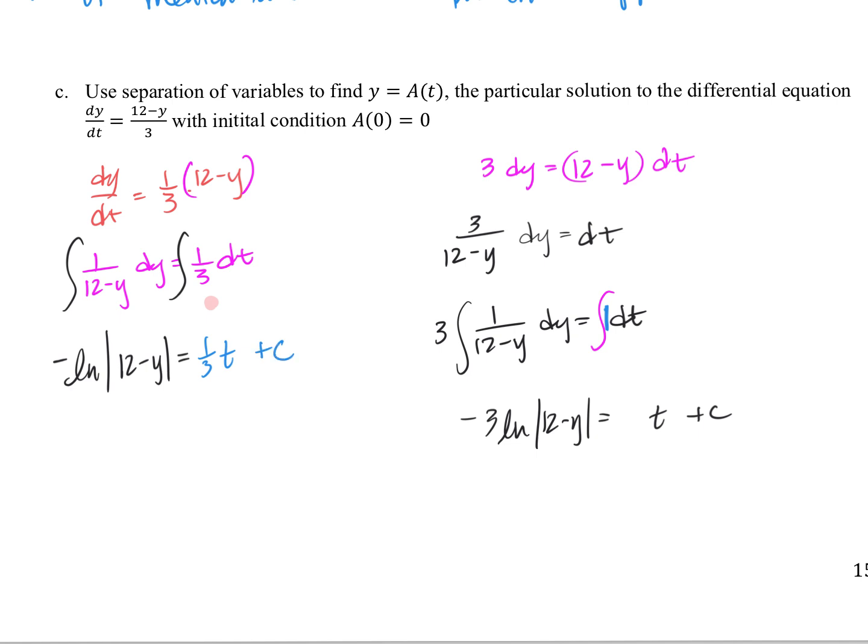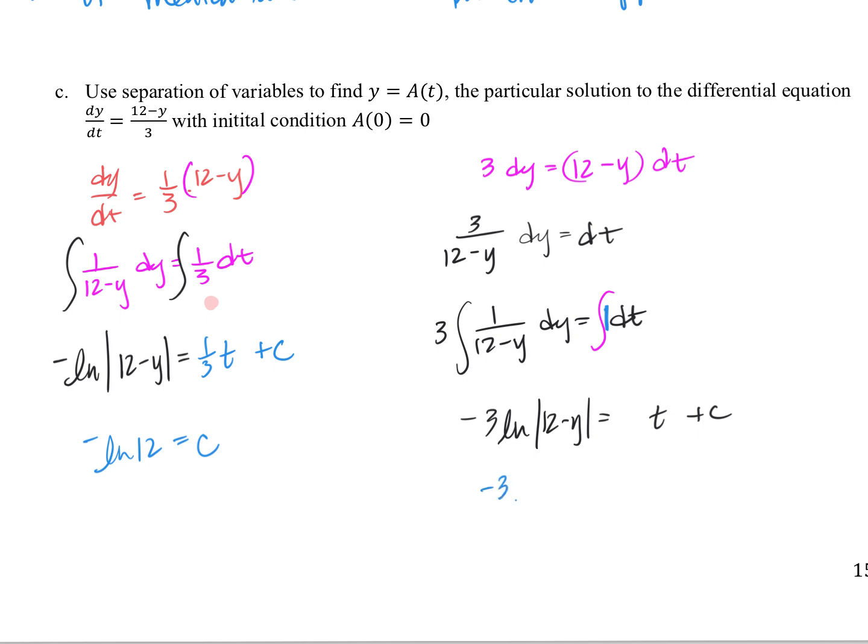Okay. We got to go solve for c, and we could do that by plugging in 0 for my t and my y. You'll get negative ln of 12. If t is 0 and my y is 0, then we'd have negative ln of 12. I'm going to get rid of my bars because 12 minus 0 is 12. 1/3 times 0 is just going to get me negative ln of 12 is c.